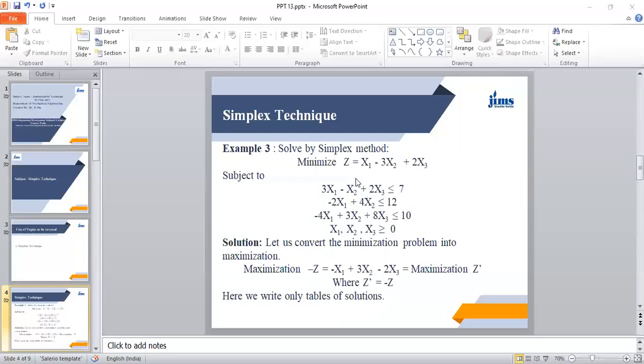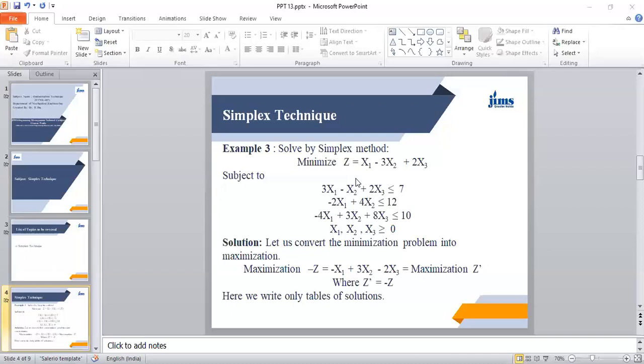I have also explained to you how to deal with problems when a particular variable is negative or free, that is, it may attain positive, negative or 0 value.